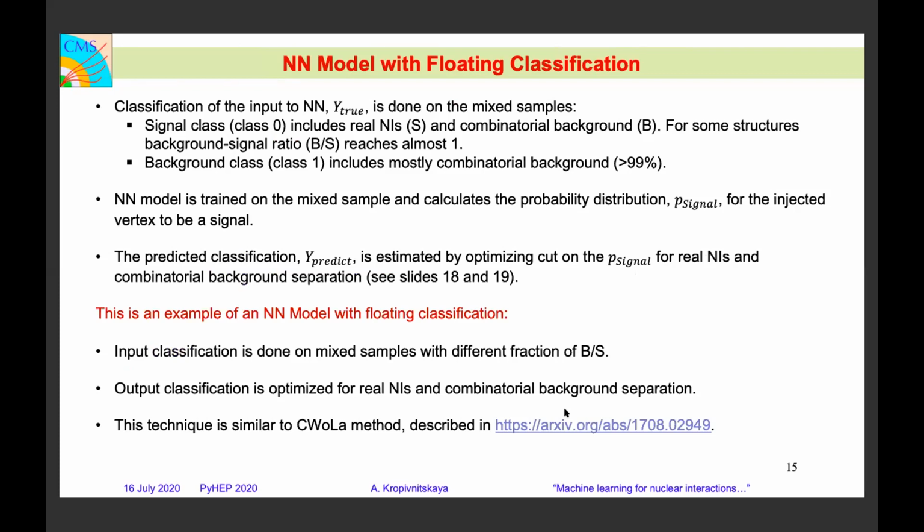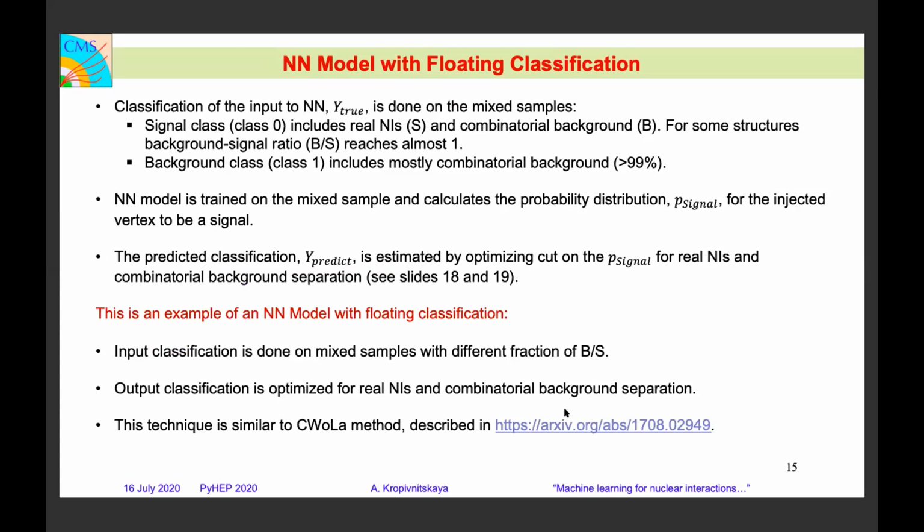Background class 1 includes mostly combinatorial background in our case. The neural network model is trained on the mixed sample and calculates the probability distribution, which I call p-signal, for the injected vertex to be a signal. The predicted classification, Y predicted, is estimated by optimizing a cut on the p-signal for real nuclear interaction and combinatorial background separation. This will be shown later.